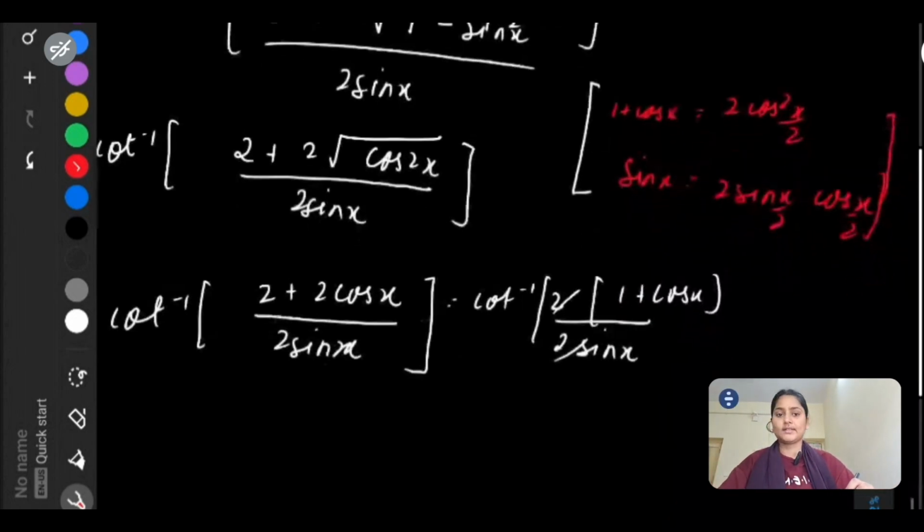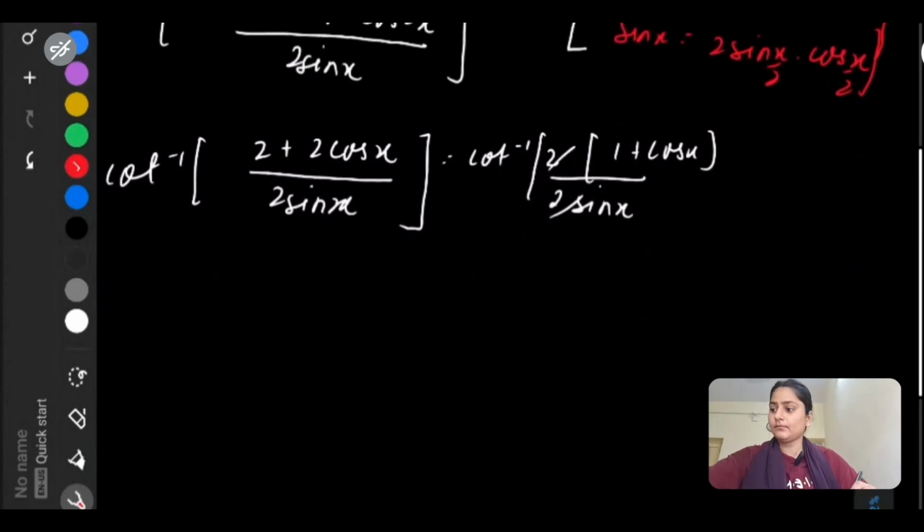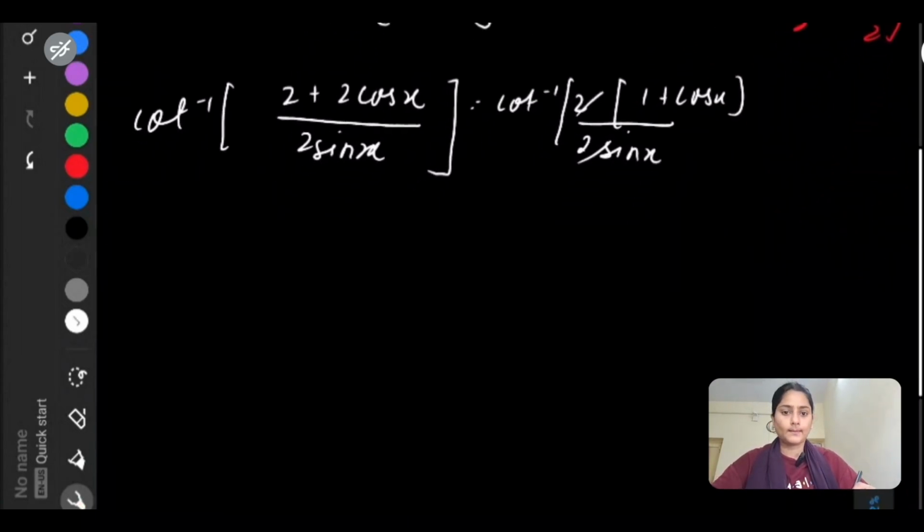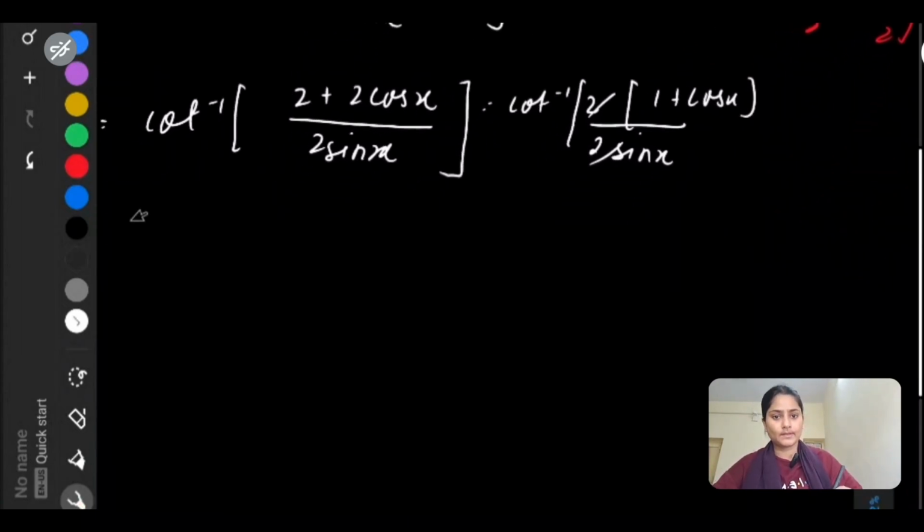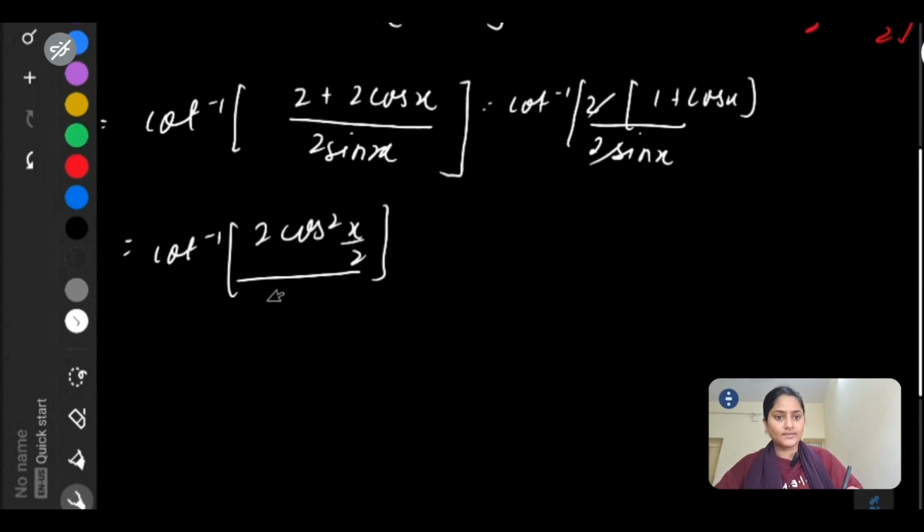So let's come to the next step. Cot inverse. In place of 1 plus cos x, we can write 2 cos square x by 2. And in place of sine of x, we can write 2 sine x by 2 into cos x by 2, right?